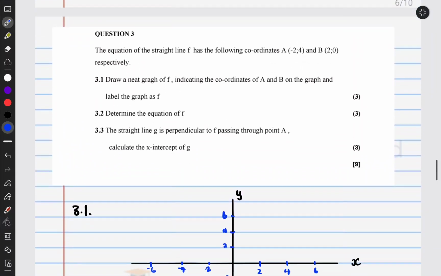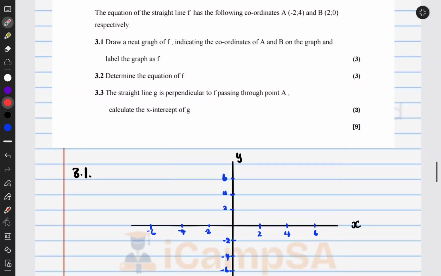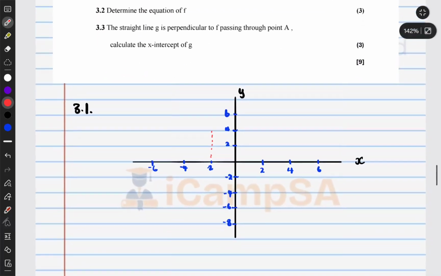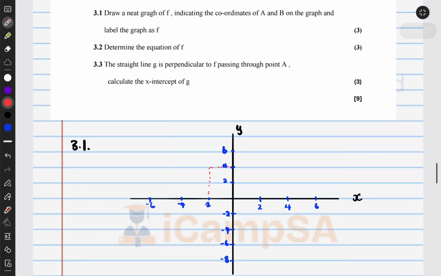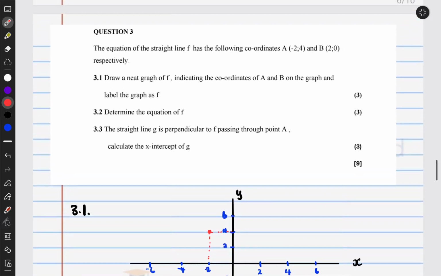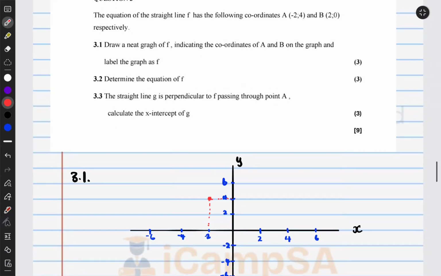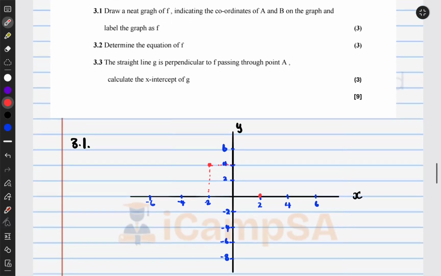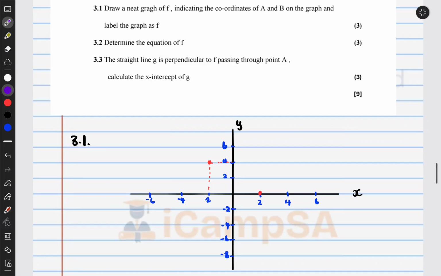Okay, and then let's plot our coordinates. For a, the x value is -2, which maps with 4, so -2 would be here and 4 here, therefore our coordinate will be here. And then for b, the x value is 2 and the y value is 0, so it should be here on the x-axis. And then once we have plotted our points, we just join them with our ruler.